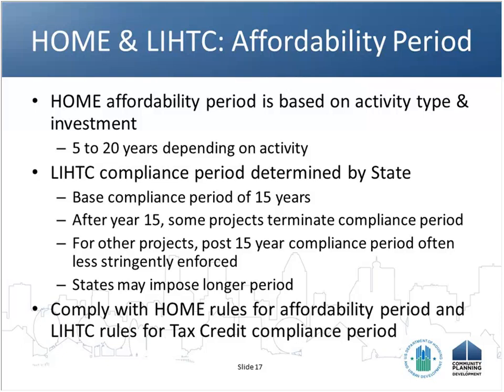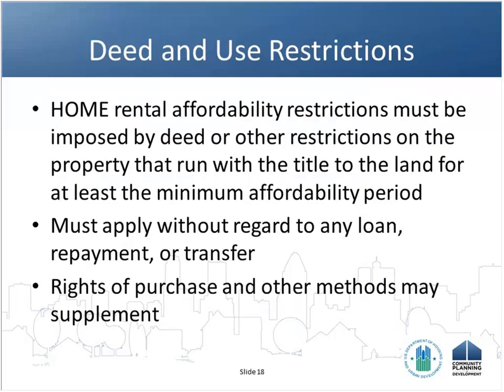If the HOME program requirements had a 15-year affordability period in place and your tax credits had a 30-year affordability period, once the 15 years had been completed for the HOME program, unless the PJ has put additional requirements in place, those requirements would fall away, and it would now simply be a low-income housing tax credit project. So keep in mind, we're going to have a layering of different funding sources, and that may have an impact on the types of requirements that apply.